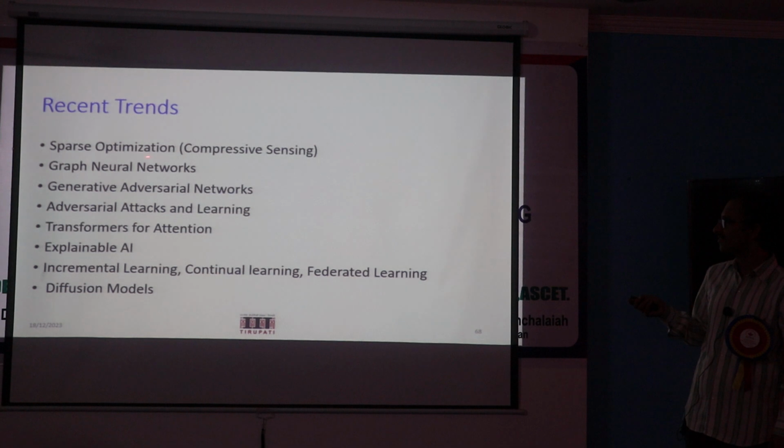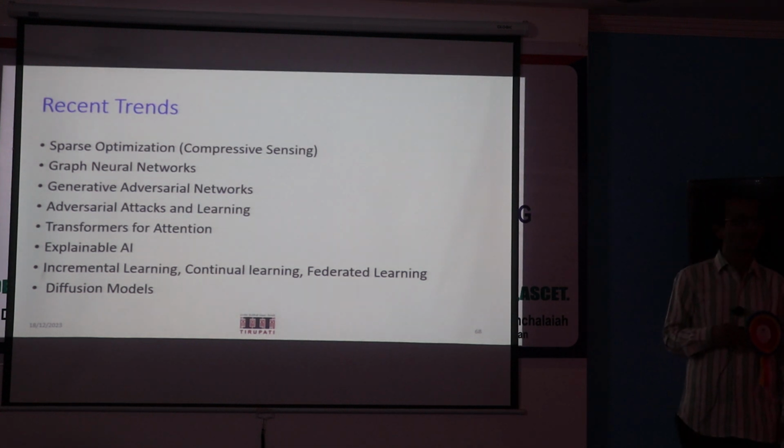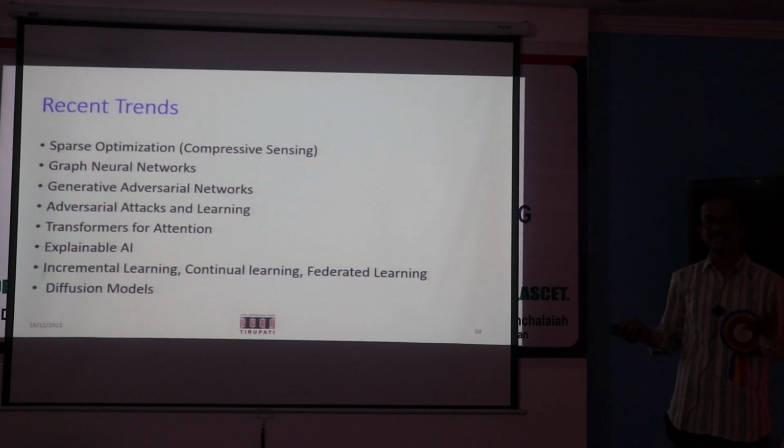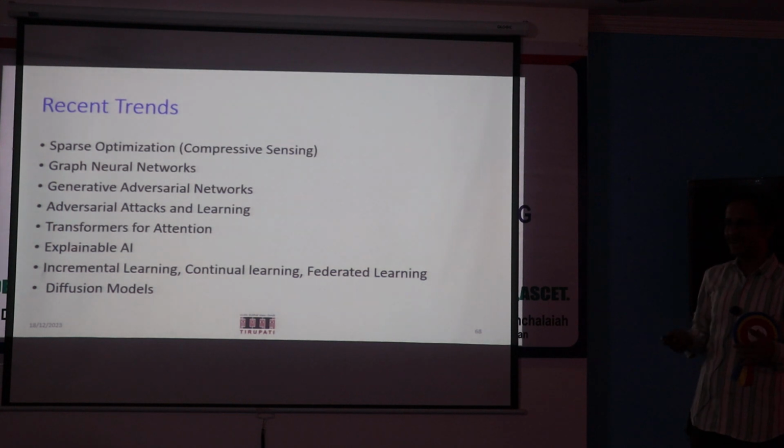Compressive sensing and graph neural networks are other areas where people usually have good interest, because all the data is not structured in the sense that you can't put everything in a grid. Okay, so generative adversarial networks, GANs, which can synthesize the data. And then adversarial attacks and learning.